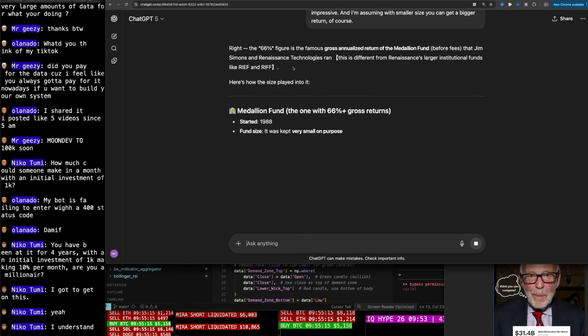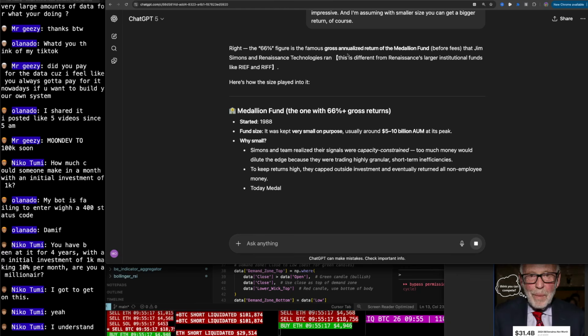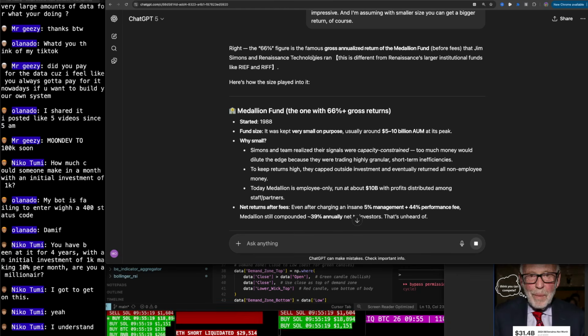Right, the 66% is the famous annualized return of the Medallion Fund before fees.